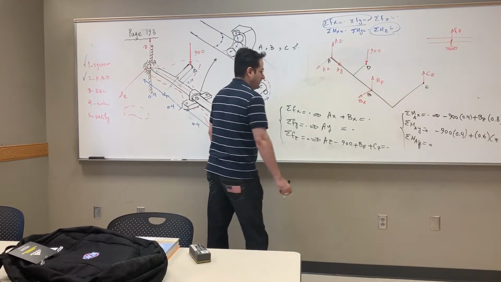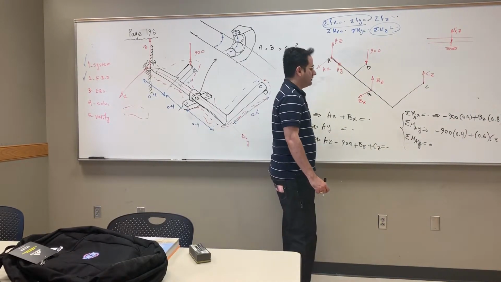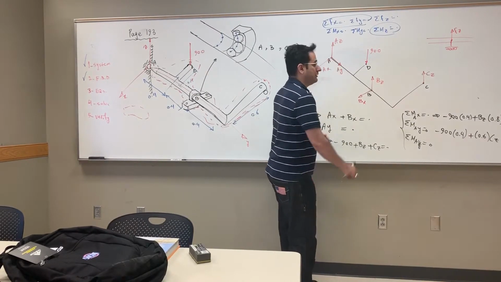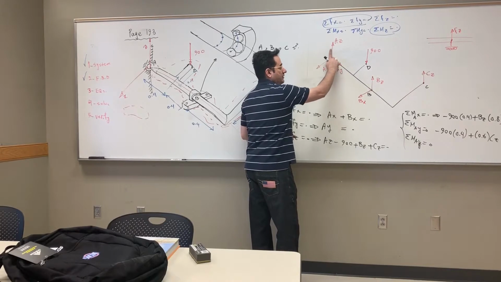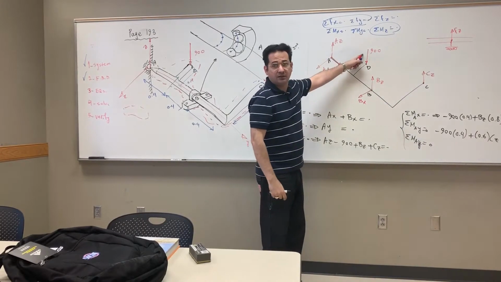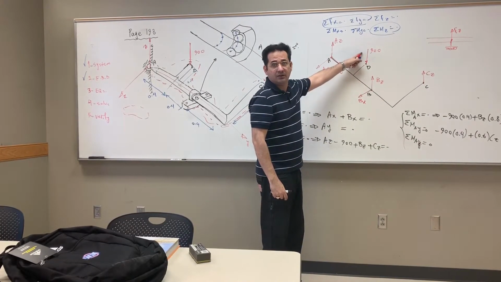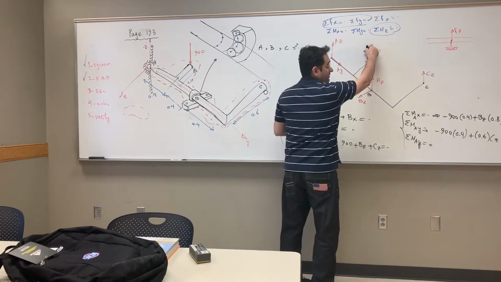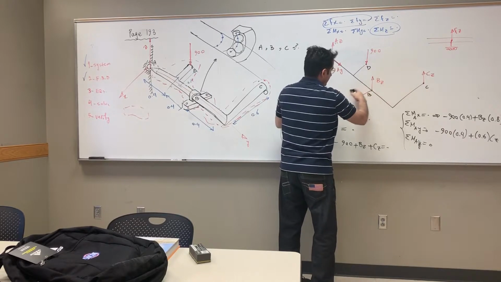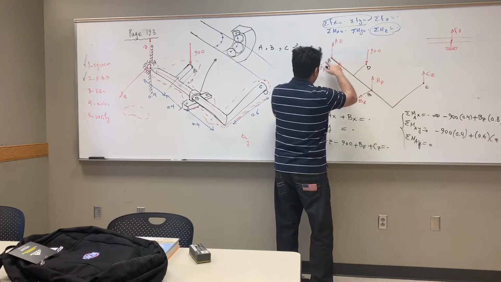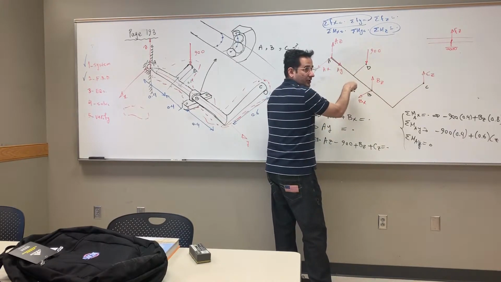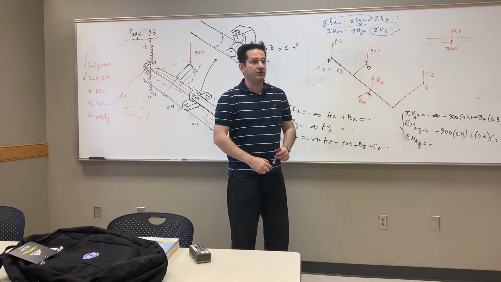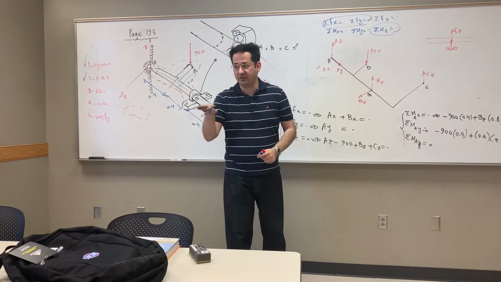Now, the last one, final. Summation of moment about the z-axis. Right? Start from this. 0, 0, 0. This force can generate a rotation about the y-axis or x-axis, but it's parallel to the z-axis, so it cannot generate any rotation. So the moment is 0.